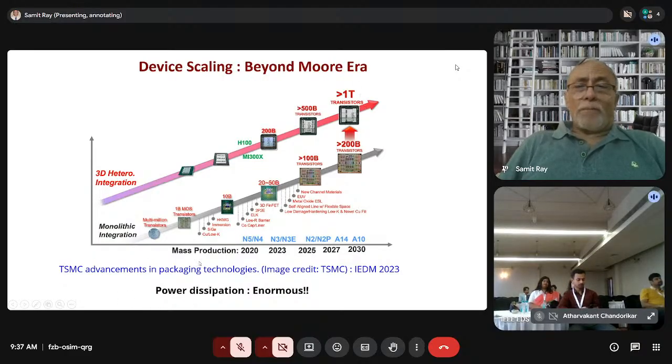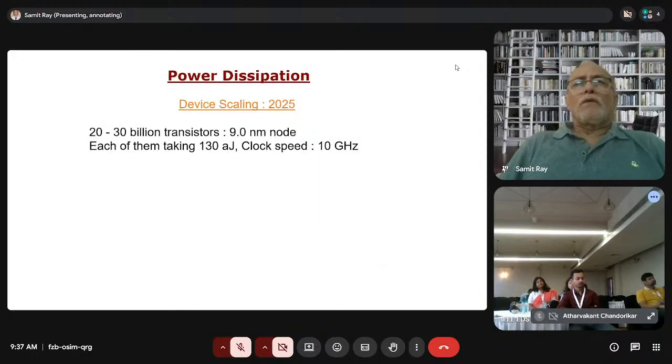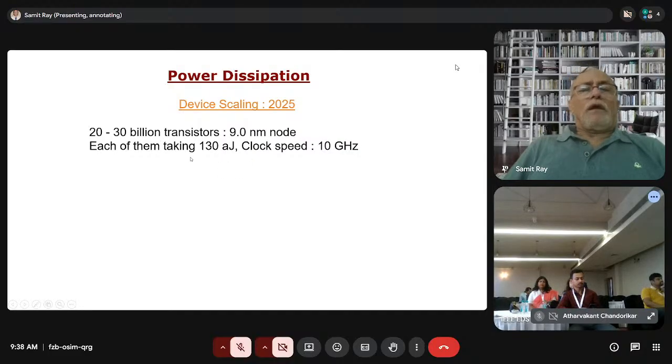Now this comes with a lot of problems. It's called power. Power distribution is enormous. If the devices are not low power, power distribution will be extremely high, and that is our big problem. I want to give an estimate for device scaling. I have taken only about 30 billion transistors per chip with a 5 nanometer node. Each device works with a switching energy of 130 attojoules. Atto is a very small number, 10 to the minus 18 joule per transistor.